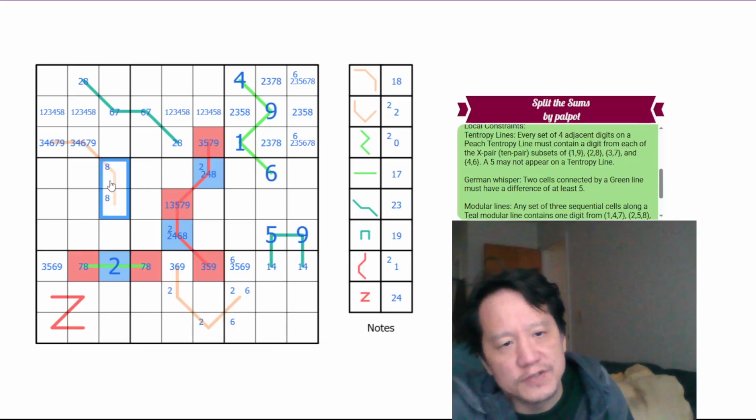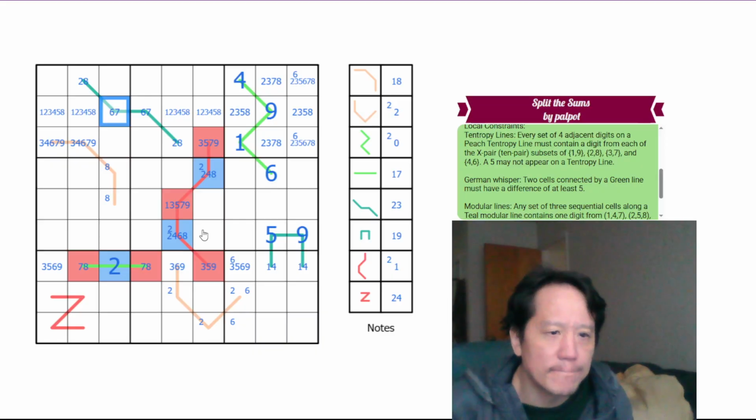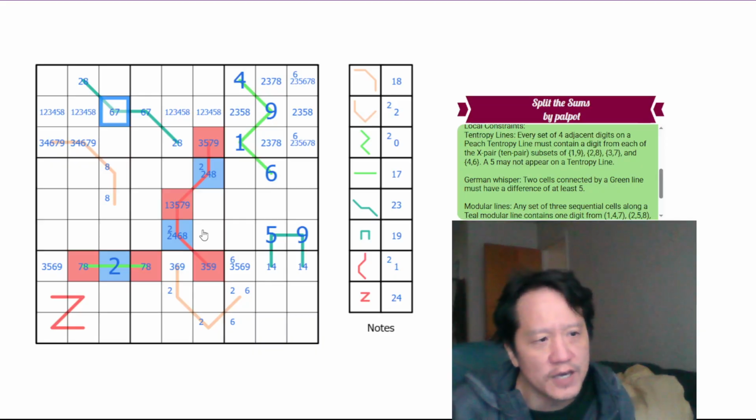All four of these cells see the 6, 7 that's there. Can you have 8 and 9 together? That adds up to 17. And then the minimum would be 8, 9, 3, 4. So the answer to that is no.